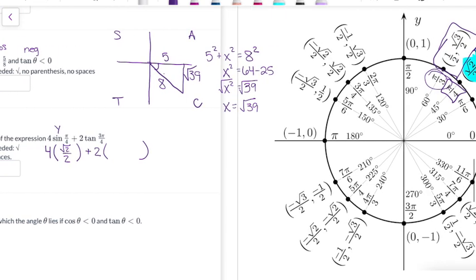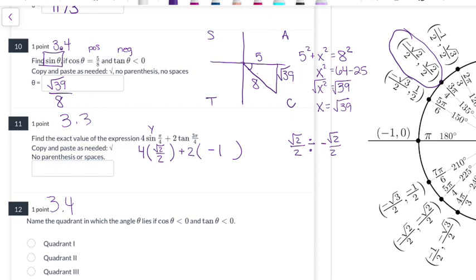Tangent of 3 pi over 4 is y divided by x. So if I think about that, I'm just going to do the work out here to the side. I have something divided by itself but negative. So think of that as just like, what's 2 divided by negative 2? What is 10 divided by negative 10? What is 1,000 divided by negative 1,000? Well, that is just negative 1.